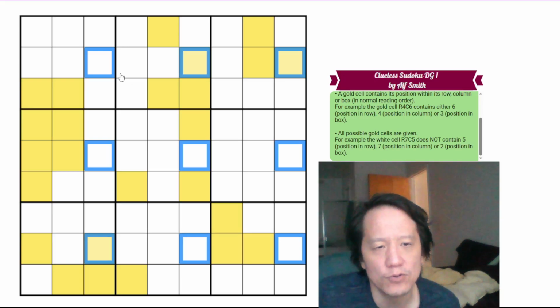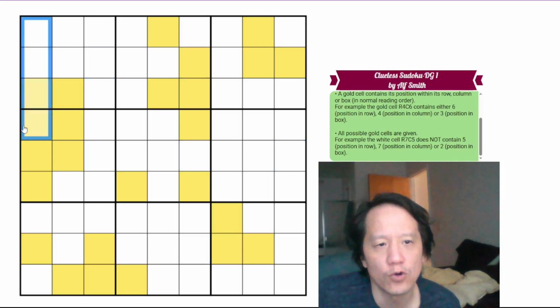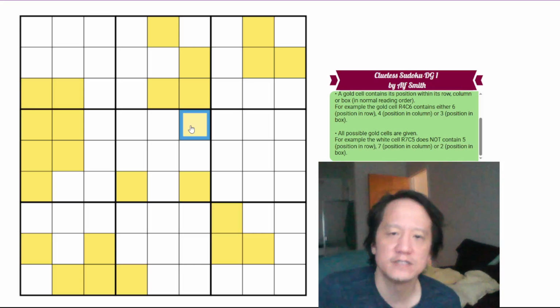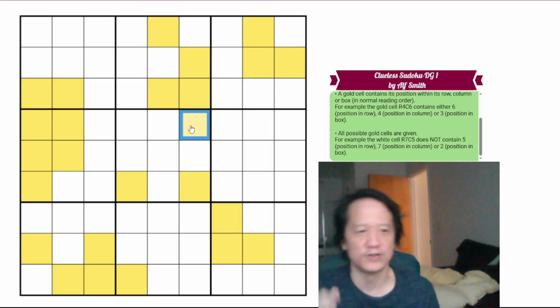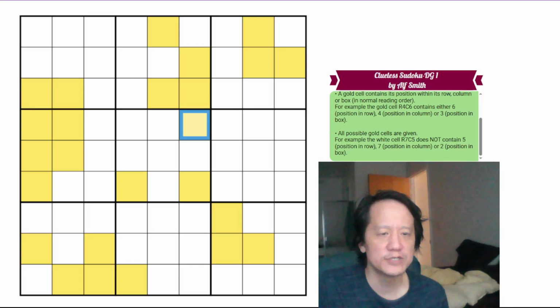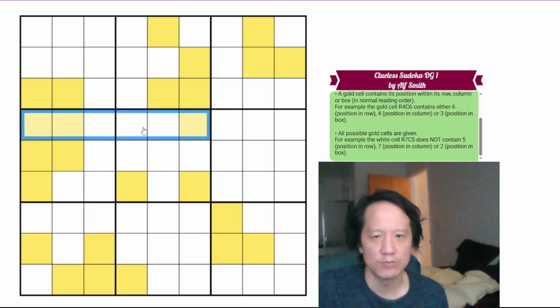Actually, this is not friendship. Friendship is slightly different. But anyways, friend cells are different than this. For example, the gold cell in row 4, column 6 contains either a 6, which is its position in the row, right? It's 1, 2, 3, 4, 5, 6.